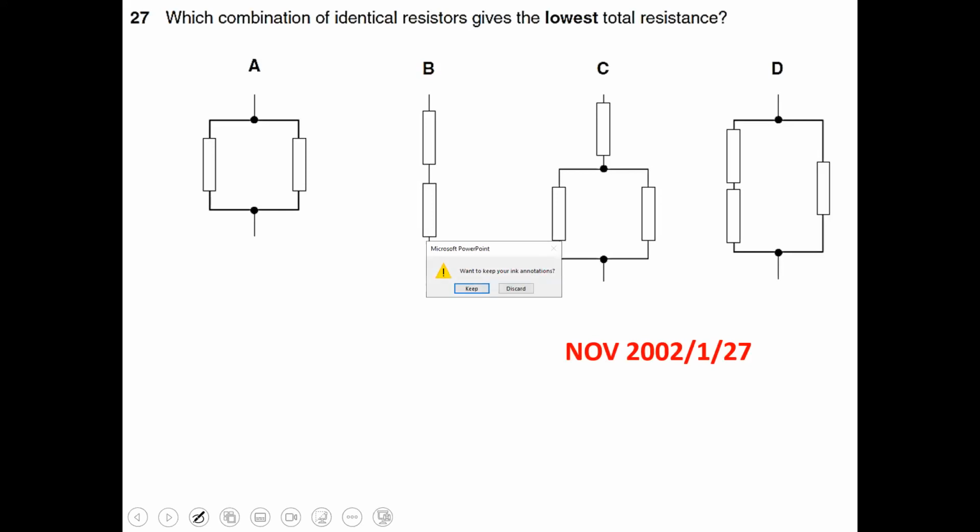Now look at this question. Which combination of identical resistors gives the lowest total resistance?